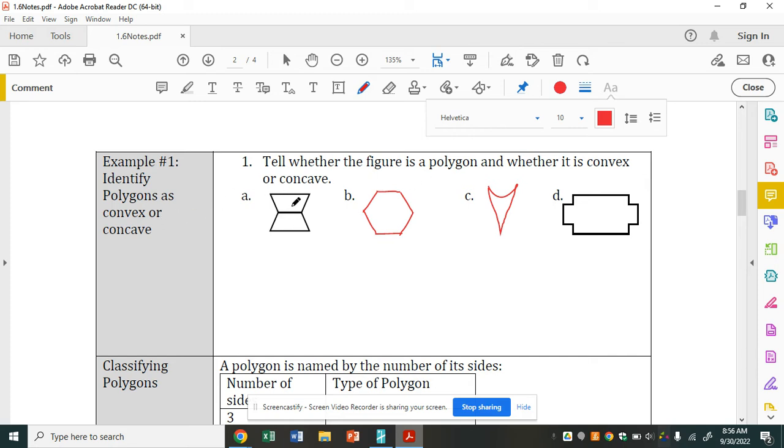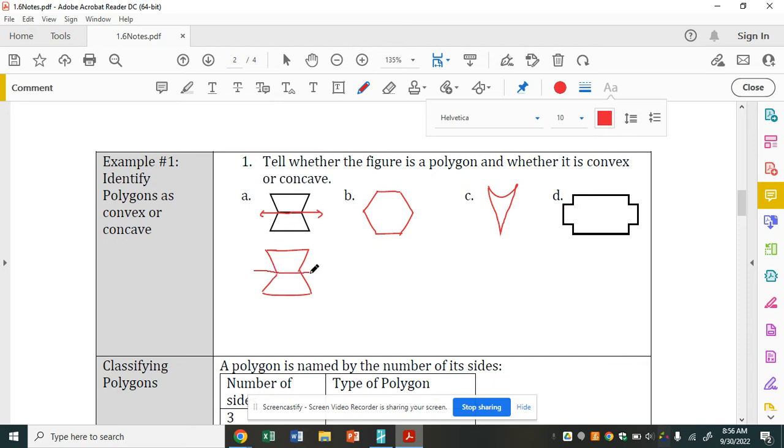So A would not end up being a polygon because this side here is cutting right through the middle. So individually, you have this trapezoid on the top and this trapezoid on the bottom. Those are polygons. Or even if I were to redraw it like this, that would be a polygon.